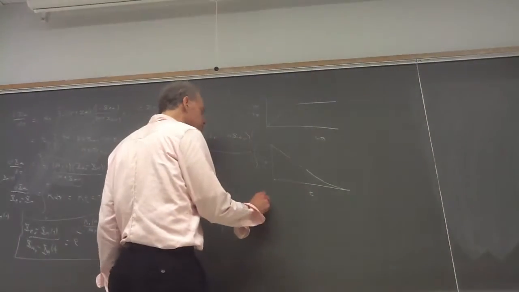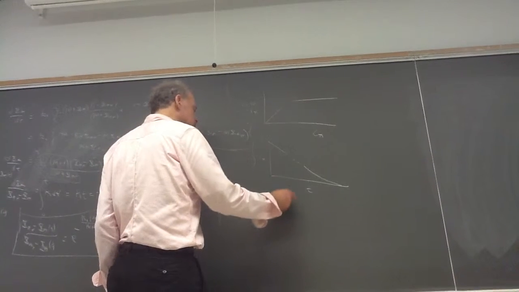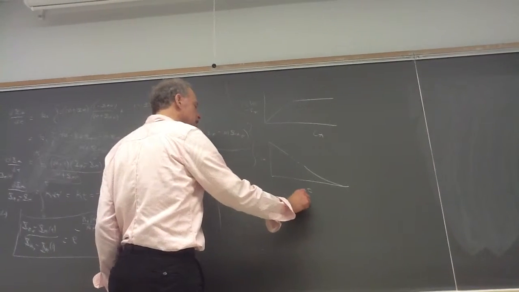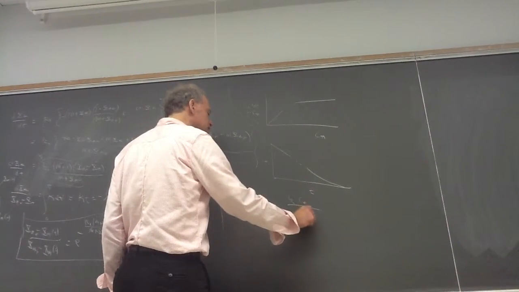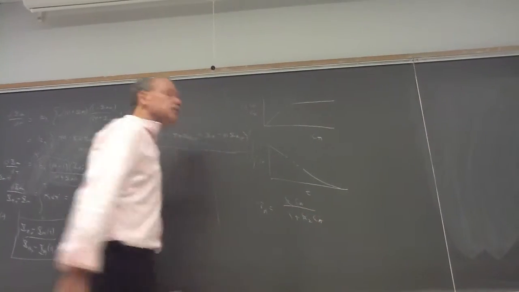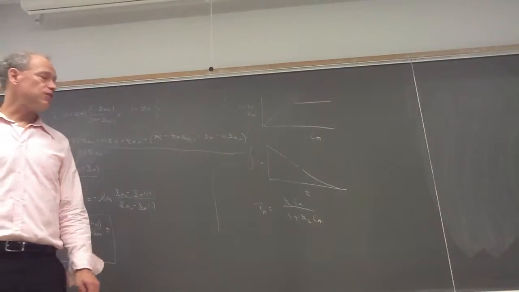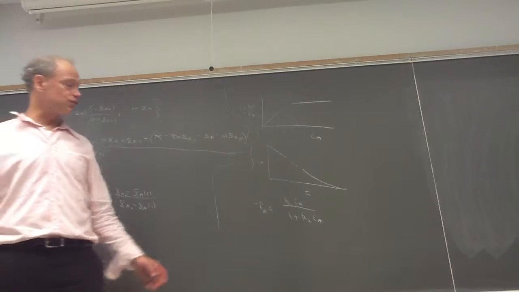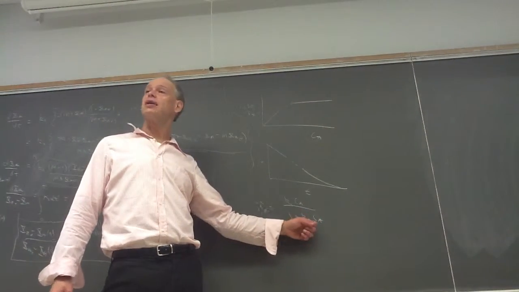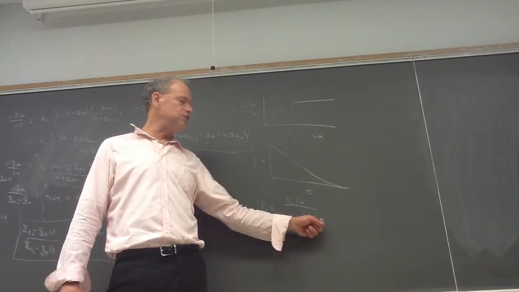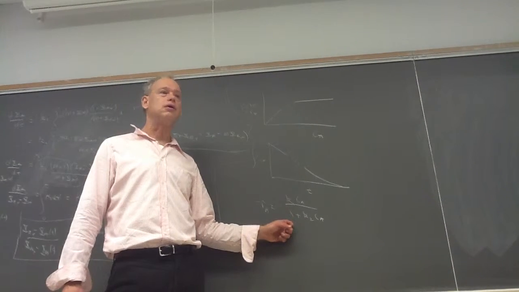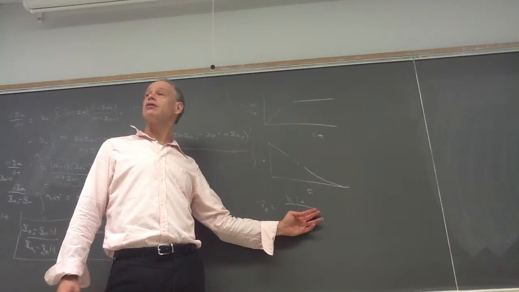So if we have a rate expression, say K1CA over 1 plus K2CA, then notice what happens. At low concentrations, when the concentration is sufficiently low that K2CA is small compared with 1, the reaction rate looks what order?